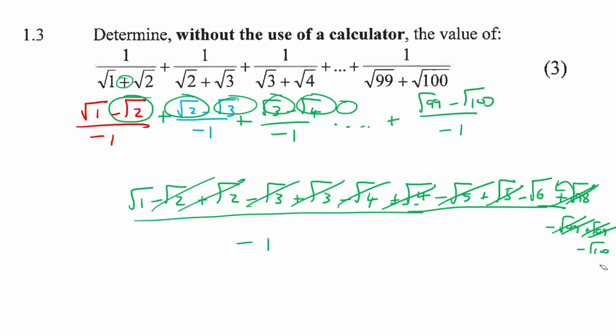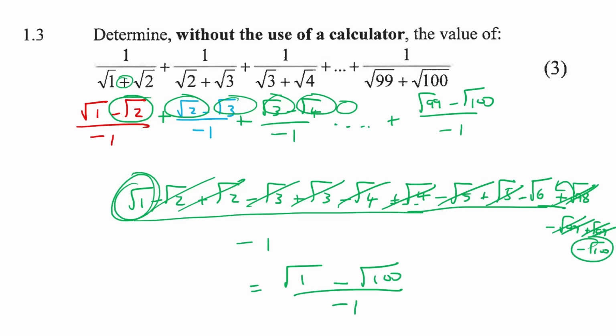So all that you would actually have been left with is this one over here. No one cancelled with that one, and no one cancelled with this one. And at the bottom, you just have that. Now, the square root of 1 is just 1, and the square root of 100 is 10. And so you end up with negative 9 over negative 1, which is just 9.